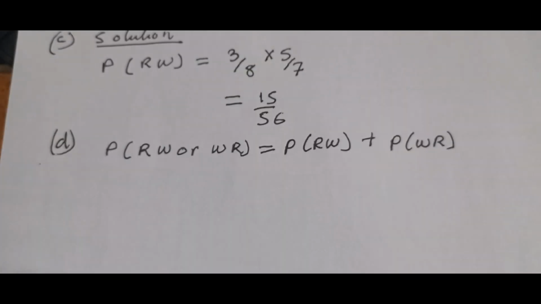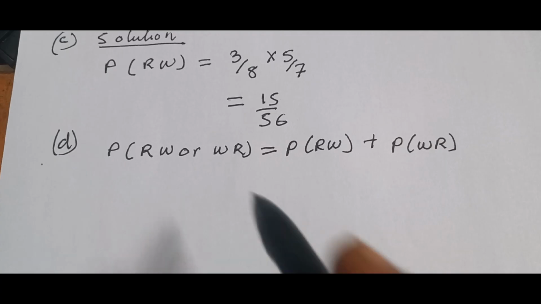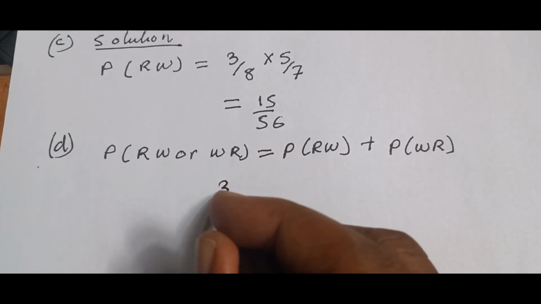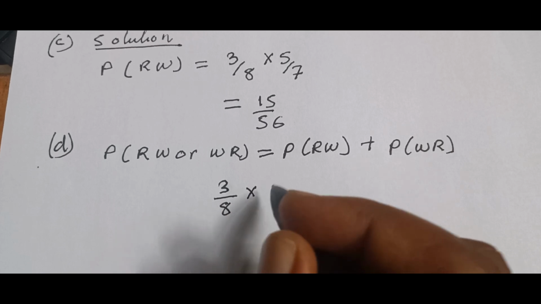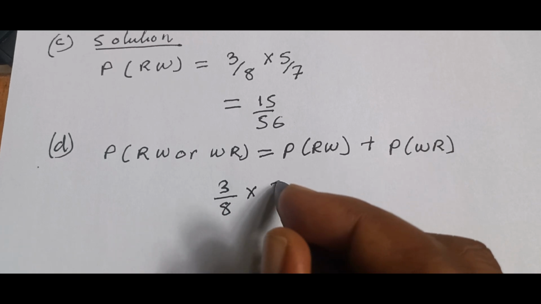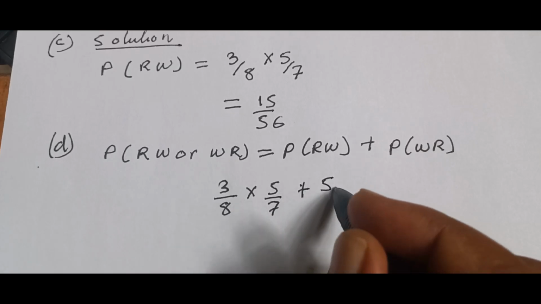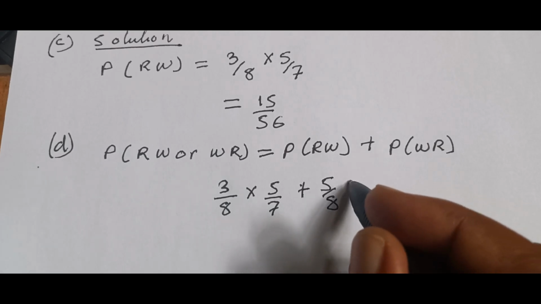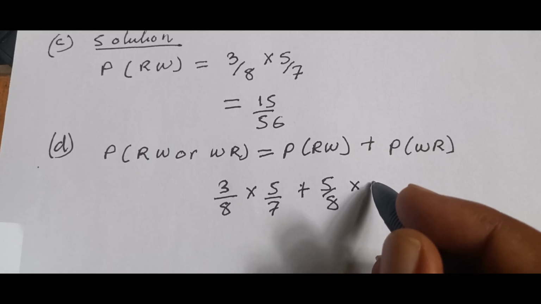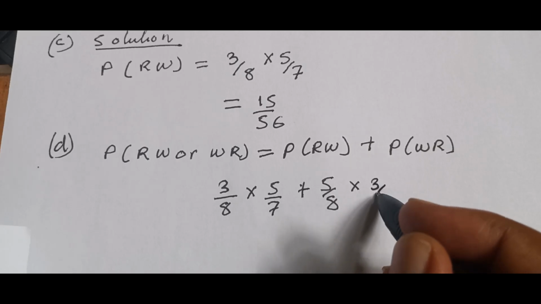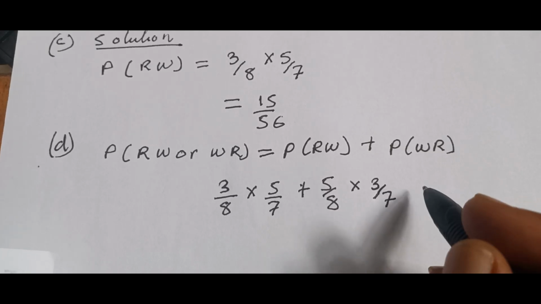So we have the probability of red, white, 3/8 times 5/7, plus 5/8, which is the probability of a white ball, times 3/7, which is the probability of a red ball.